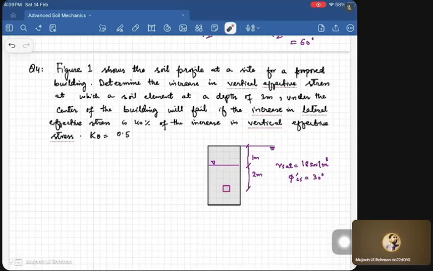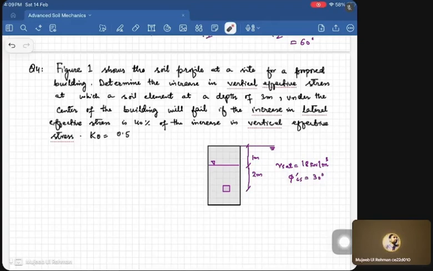So what is happening is that, due to the increase in vertical effective stress at the soil element, we have been asked to determine the increase in vertical stress at which the soil will fail. The soil will have some initial stress, then due to the increase in the vertical stress, there will be failure in the sample.